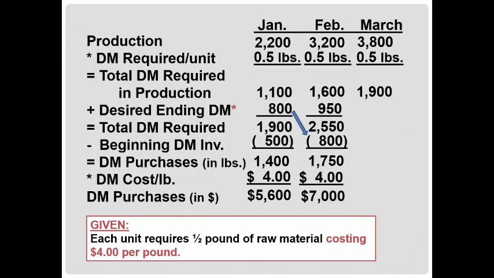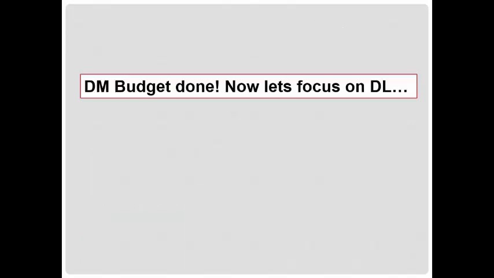So a lot of computations, different numbers are needed by different managers, but ultimately our budgets are in dollar amounts. All right, so we've completed our direct materials budget. So now we'll focus on direct labor.